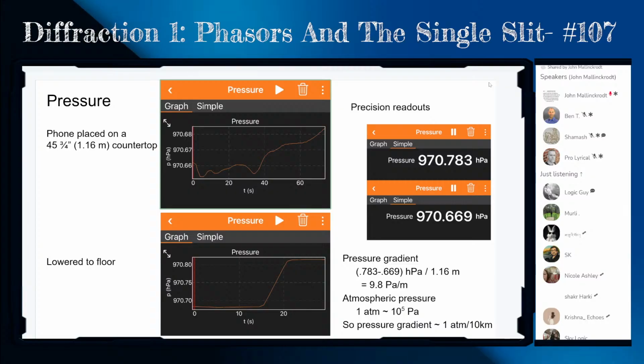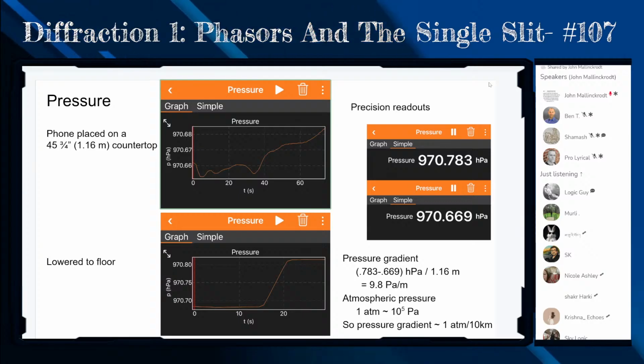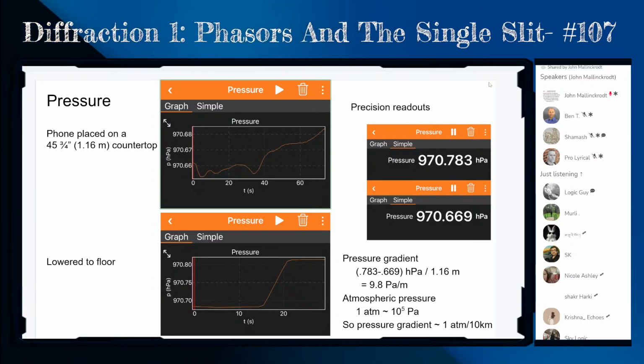And you may know that increasing pressure is usually correlated with weather getting better, clearer, storms passing, etc. Whereas falling pressure is just the opposite. So you really can, with your phone just set on a countertop, reading for a few minutes, find out whether the atmospheric pressure is increasing in your vicinity or decreasing.